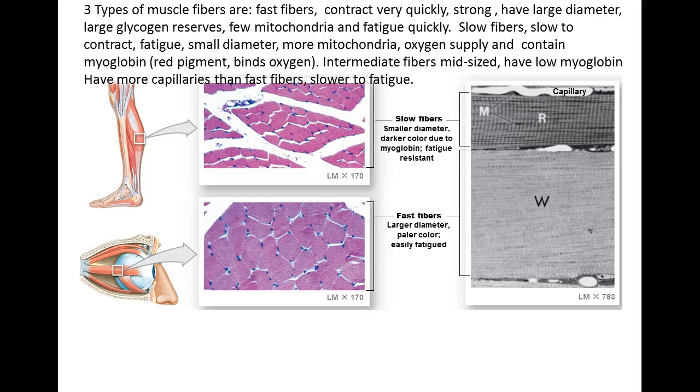All of them are important for us, and all of them have a function in creating the muscle contraction we need to move. We need to get it started quickly, and then we need to sustain it. So we have the fast, intermediate, and slow twitch fibers.